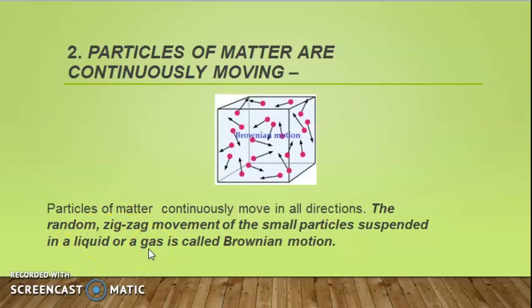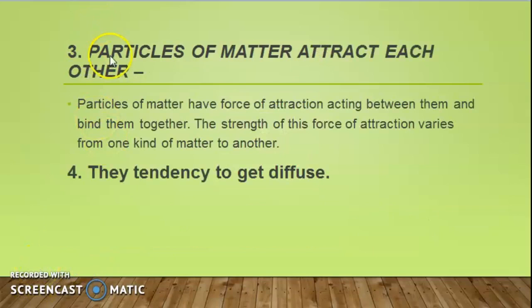Now, the third and fourth properties of matter. The third property is that particles of matter attract each other, meaning there is a force of attraction working between them, and the name of that force is intermolecular force of attraction.